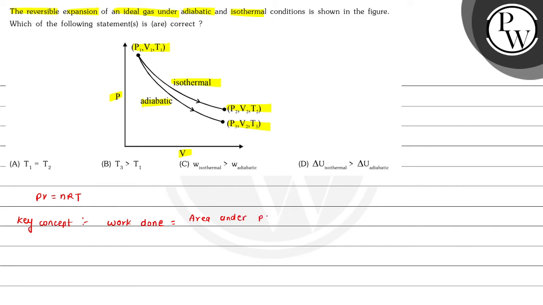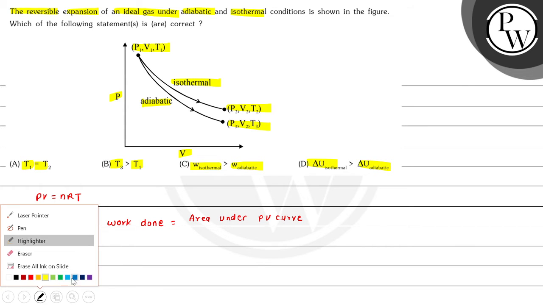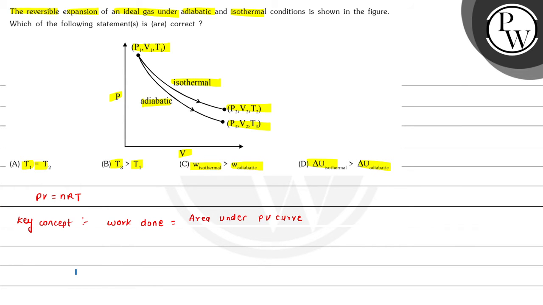So here we can see that this is the area under PV curve. The options given are: T1 is equals to T2, T3 is greater than T1, W isothermal is greater than W adiabatic, and del U isothermal is greater than del U adiabatic. These we have to check.